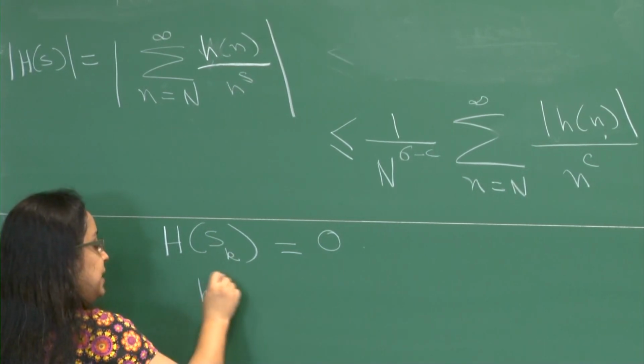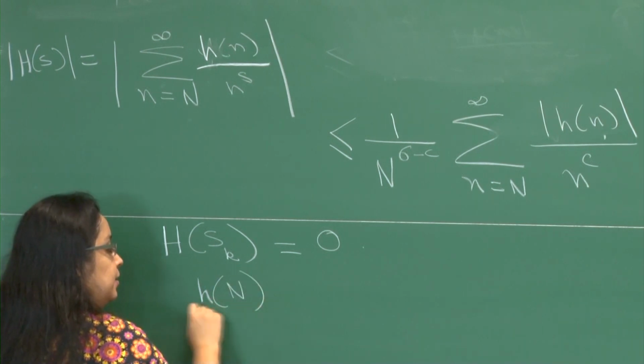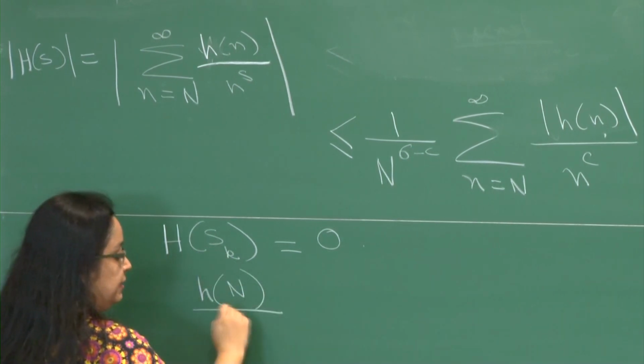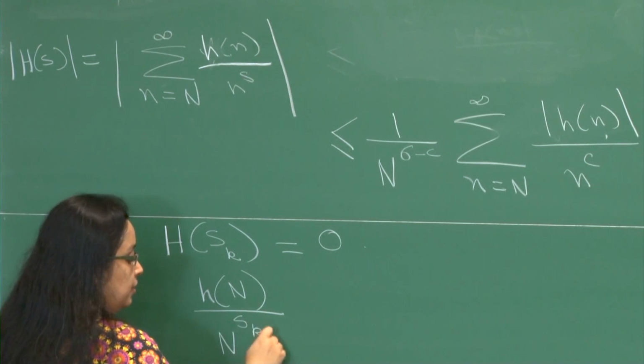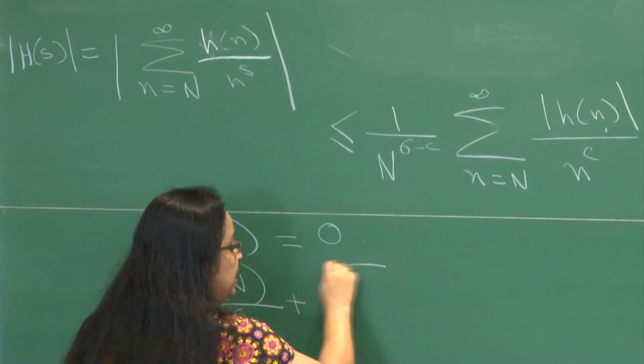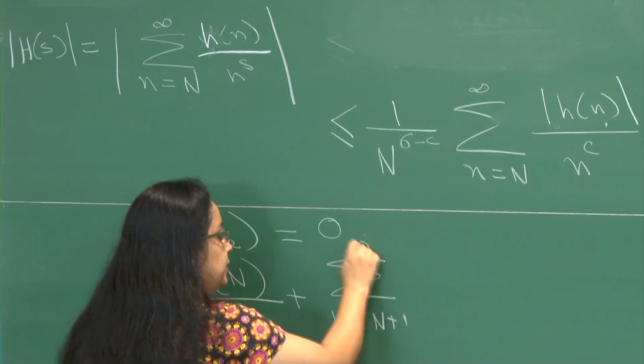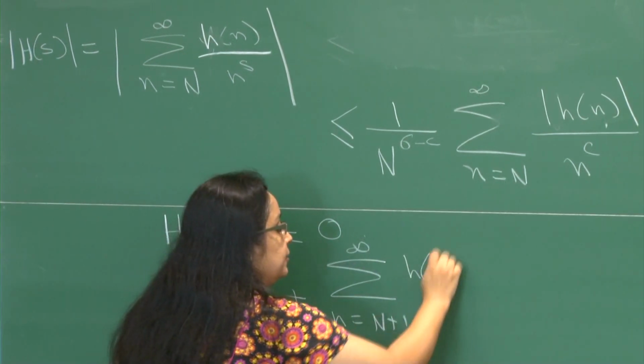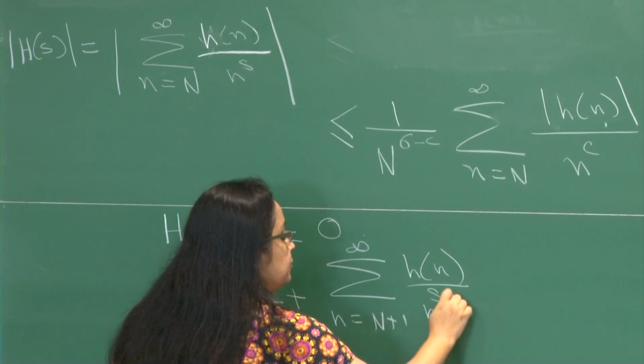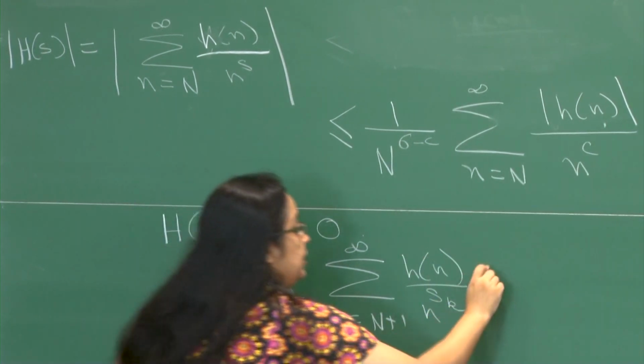So, what we do is we take the first term in the series out and have the remaining series from capital N plus 1 to infinity of h of n over n raised to the s sub k equal to 0.